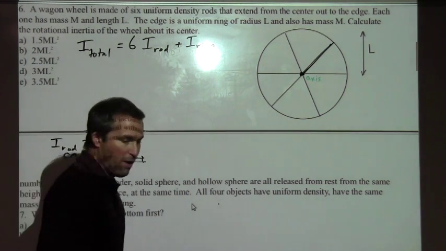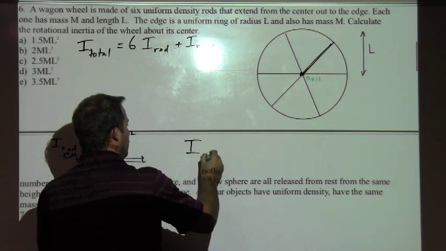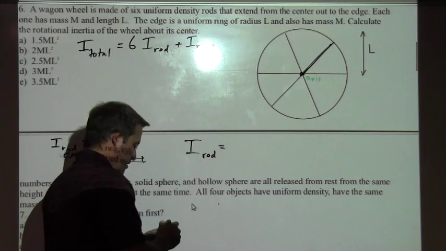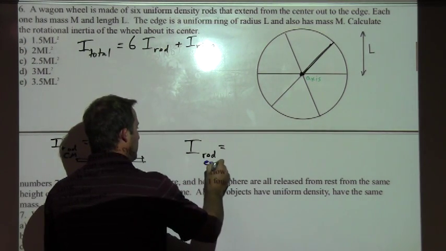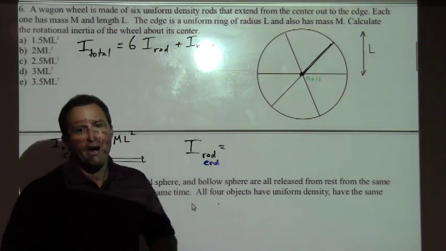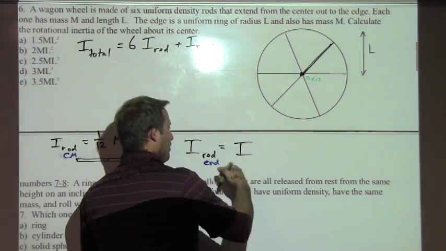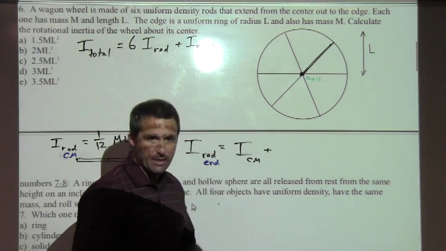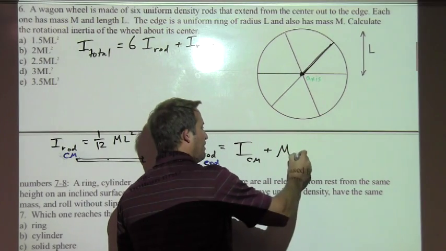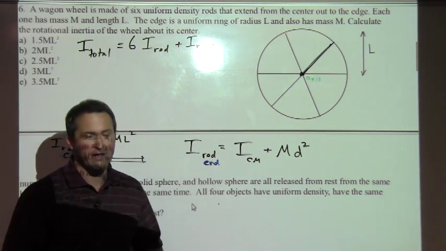And what we want to find is the rotational inertia of the rod about the end point. And so our parallel axis theorem looks something like this. I need to take the rod's rotational inertia about the center of mass, and then there's this term that I just add in, m times d squared. This is what we see again on a formula sheet.